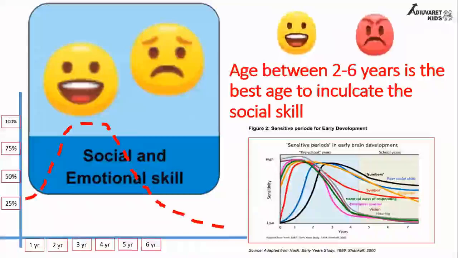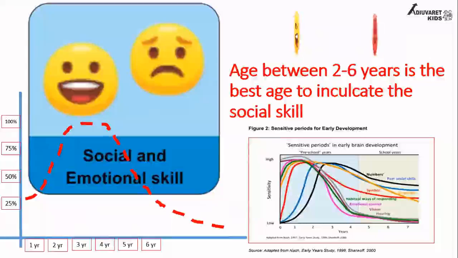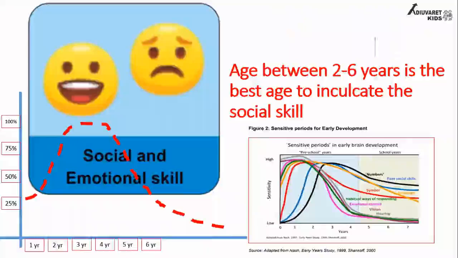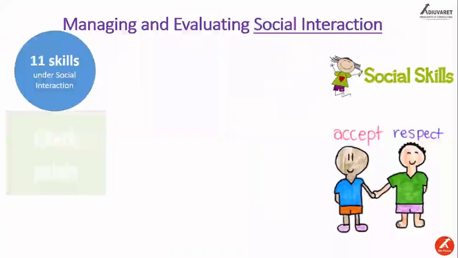Since most of the social skills are habitual ways of responding and are also related to emotional control, the degree of sensitivity is a bit more in developing social skills as compared to other skills like communication, language, or cognitive skills. That's why we need to be a little more careful while working on the social skills of our child.